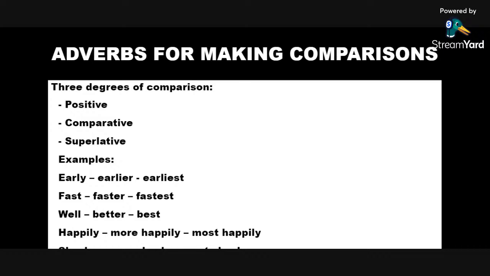We have early, earlier, earliest. We have fast, faster, fastest, well, better, best, happily, more happily, most happily. Then we have slowly, more slowly, and most slowly. These are a few examples.